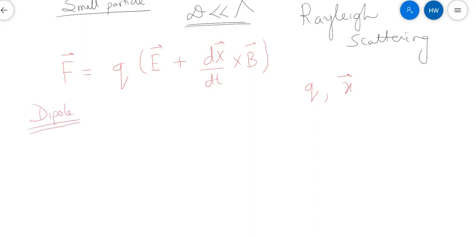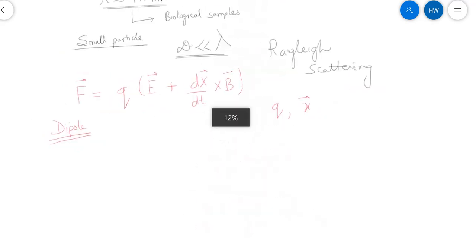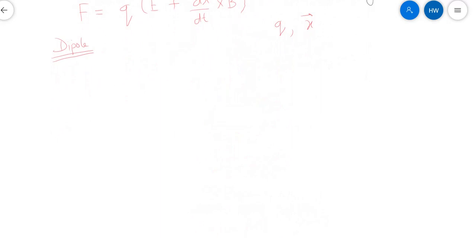So if I have a dipole, one is asking what is the force on the dipole. So imagine that a charge Q is at the location x1 and minus Q is at the location x2. And for this situation, I'm going to write down the force.